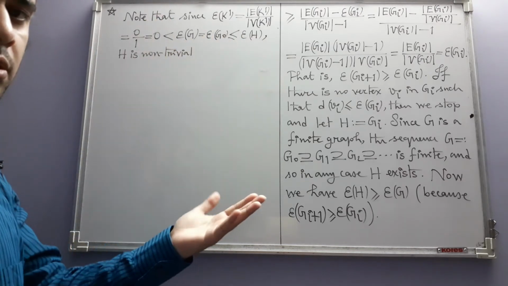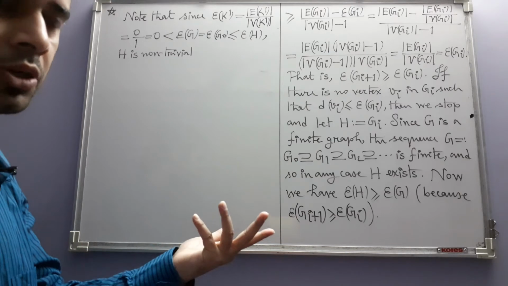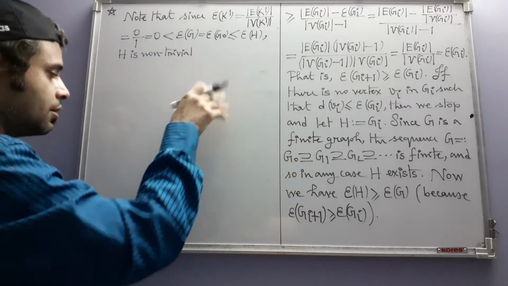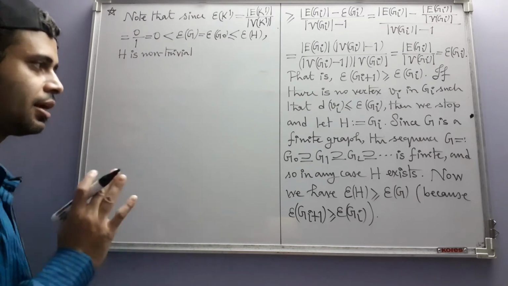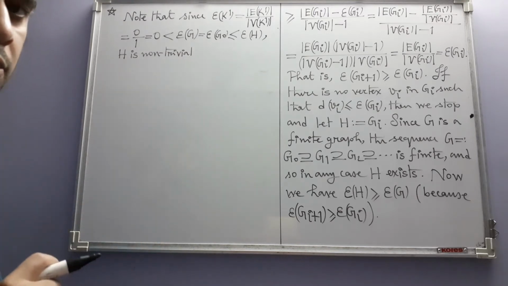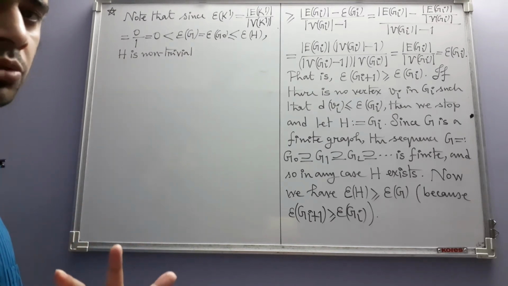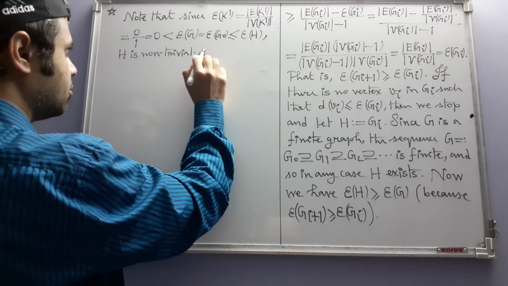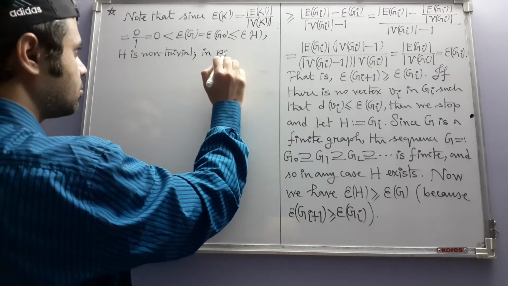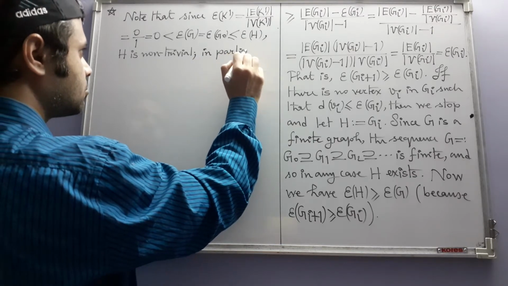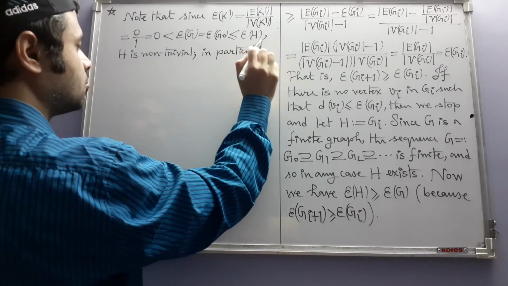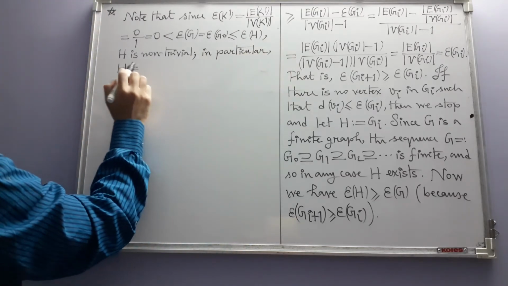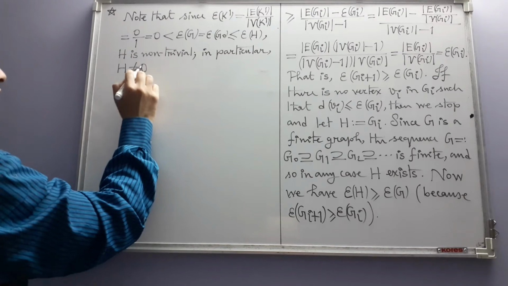So in the numerator, the number of edges has to be positive, and that's why the graph itself must have something in it, some vertex, because without any vertex there won't be any edge. In particular, H is non-empty. H is not the empty graph.